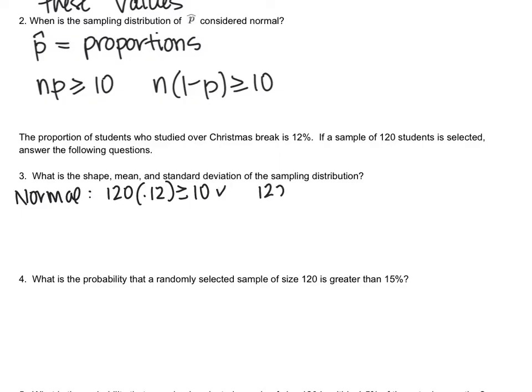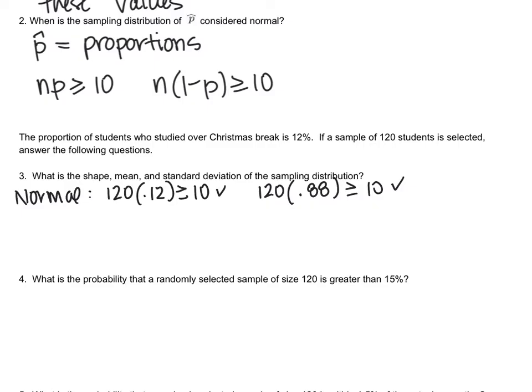Now we check 120 times 1 minus p, which is going to be 0.88. We want to make sure that is also greater than or equal to 10. So 120 times 0.88 is 105.6. So we do have a normal distribution.